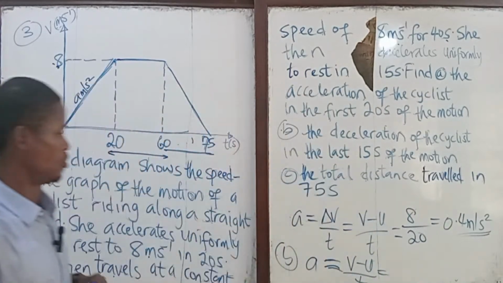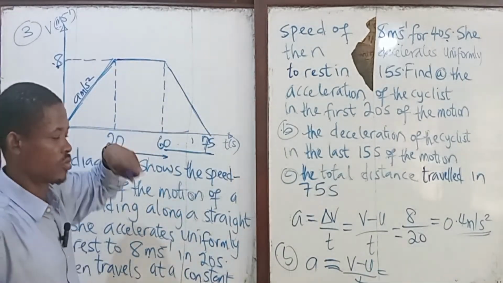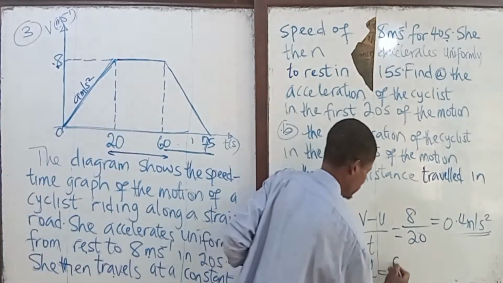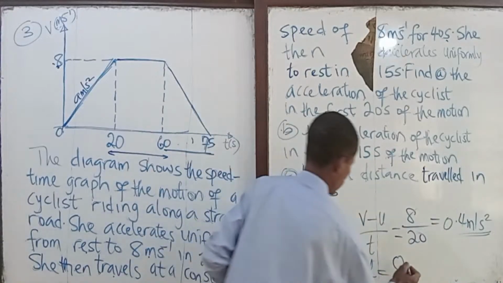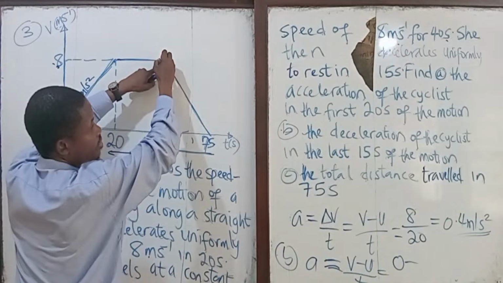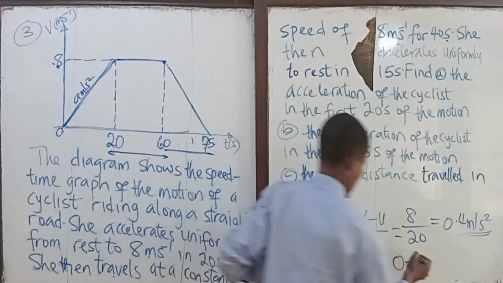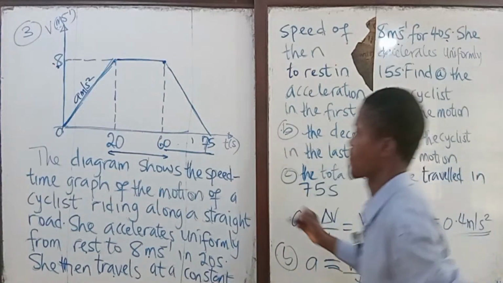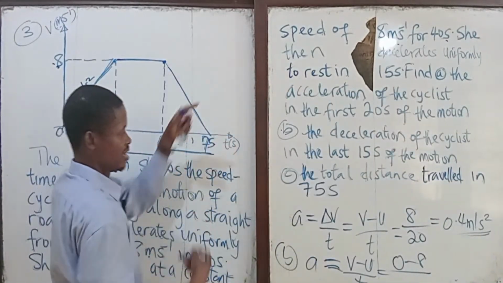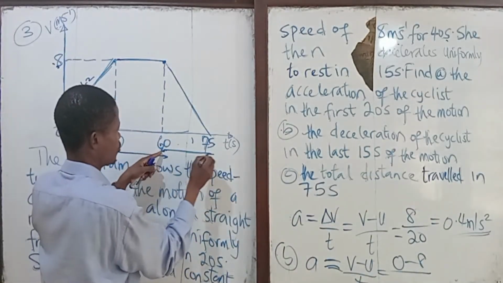I'll show you how. The body is coming to rest according to the information. So when the body is coming to rest, your final velocity is 0, minus the velocity at this point before coming to rest, which now becomes your u. That's 8. The time for that deceleration, the question said it's 15 seconds of the motion. That's from here to here.